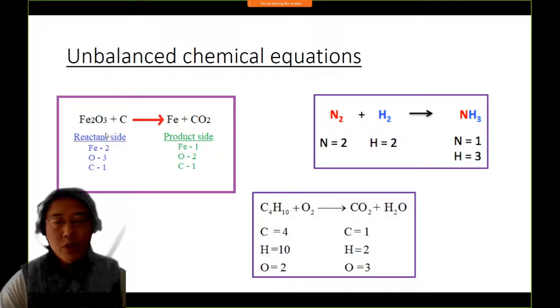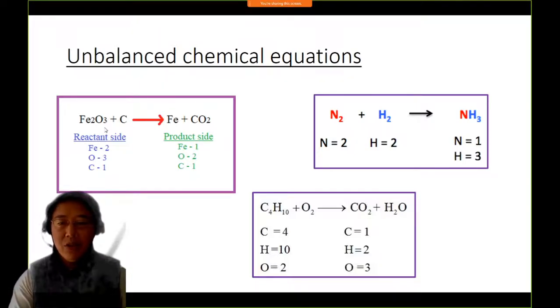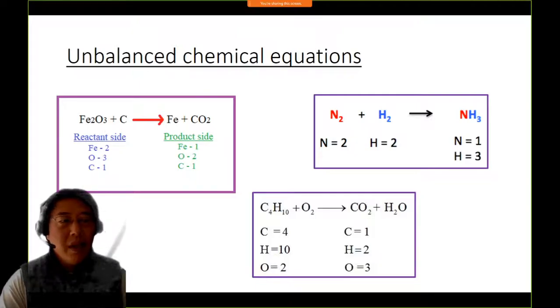Now, the way we know it's unbalanced is you need to count the atoms that you have on the reactant side as well as on the product side. On the reactant side, what you need first is to list the atoms that you have. So you have iron, oxygen, and carbon, and you list them. And then what you need to do is count them. To do that, you look at the number afterwards.